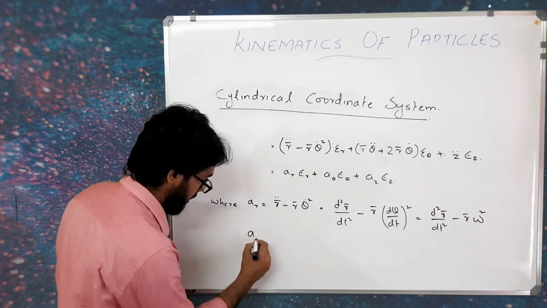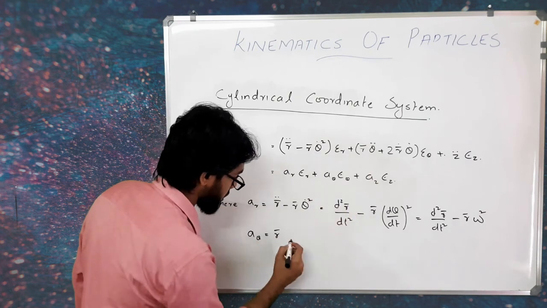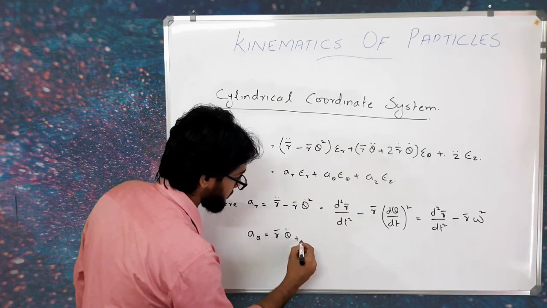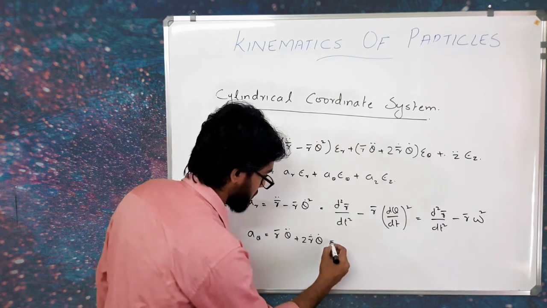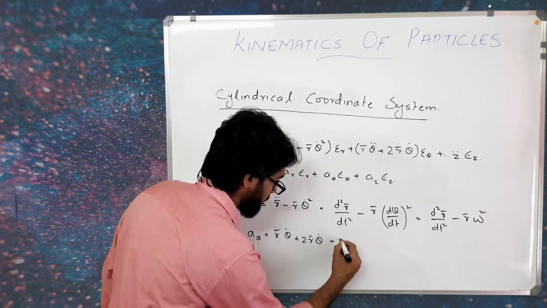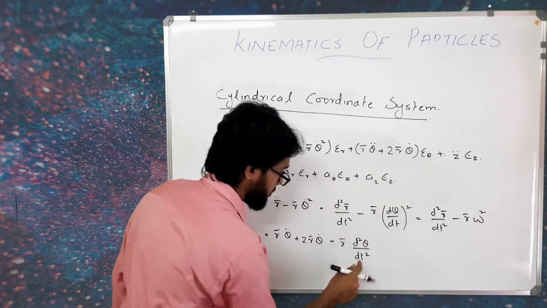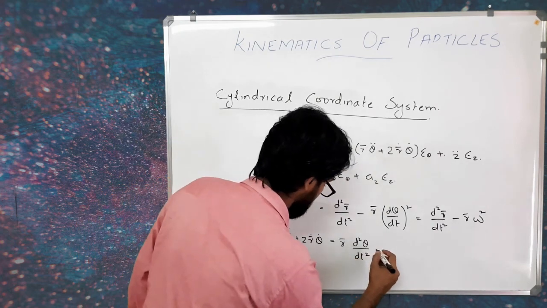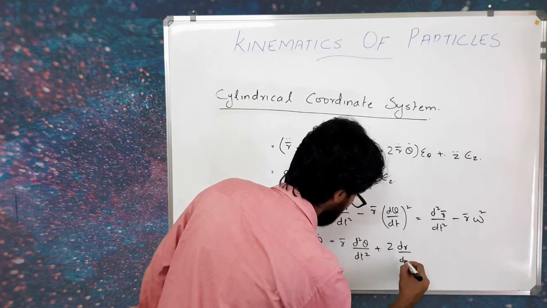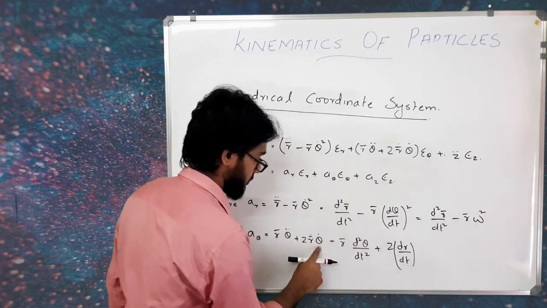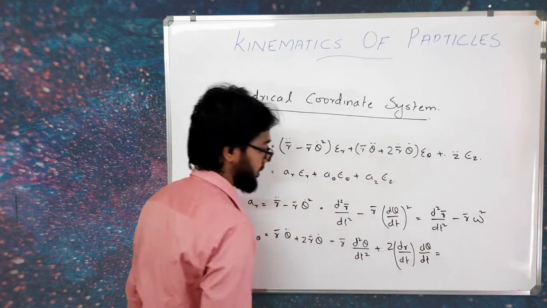Now a theta is r' theta double dot plus 2 r' dot theta dot, which is equal to r' d square theta by dt square plus 2 dr by dt d theta by dt.